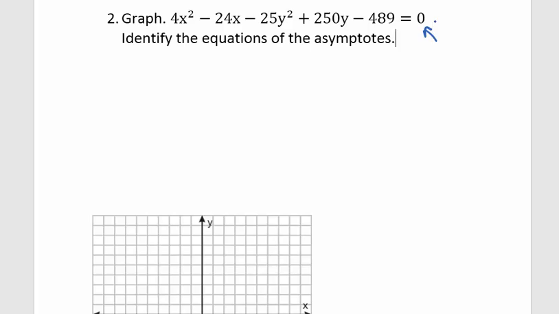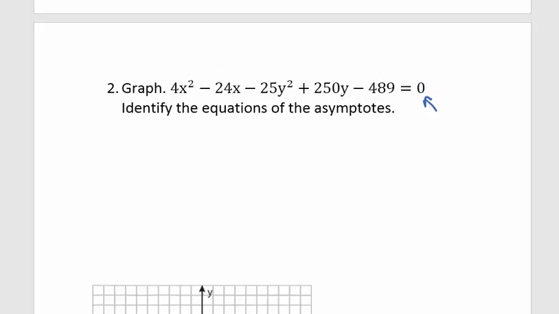But we don't know that yet, and we will have questions where you're just given something like this and asked to graph it, and we don't know whether it's an ellipse or hyperbola. But what we're going to do is the same thing we did with an ellipse. We've got to get this organized into standard form. And luckily, both the ellipse and the hyperbola have a very similar standard form.